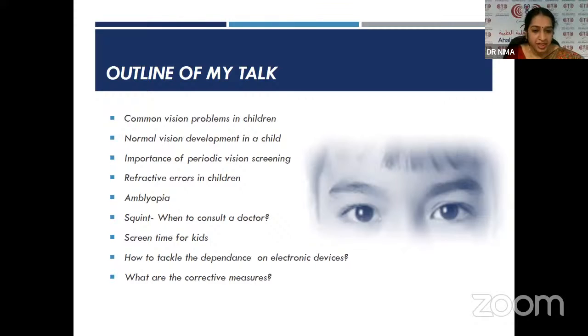What are the common refractive errors in children? What is amblyopia or the lazy eye and how can it be tackled? What is squint? And for the squint, when to consult the doctor? What is the allowed screen time for the kids? How to tackle the dependence on electronic devices? And what are the corrective measures? So, one by one, I will go into them.